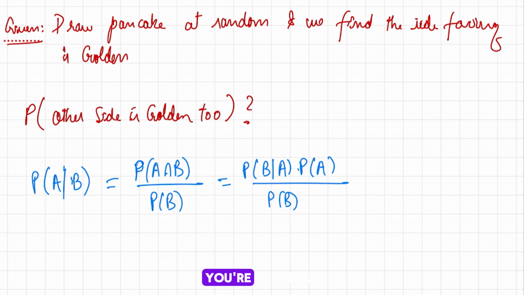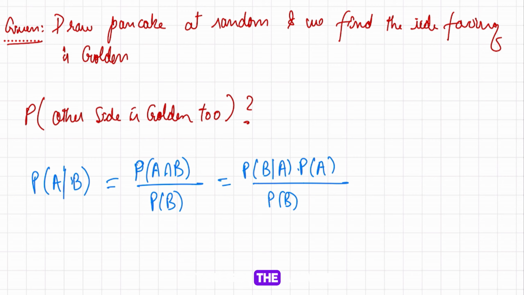First A happened, and then we make sure B happens when A has already happened. So this is the hint: use the Bayes theorem in case you were rusty on it and try to solve this.